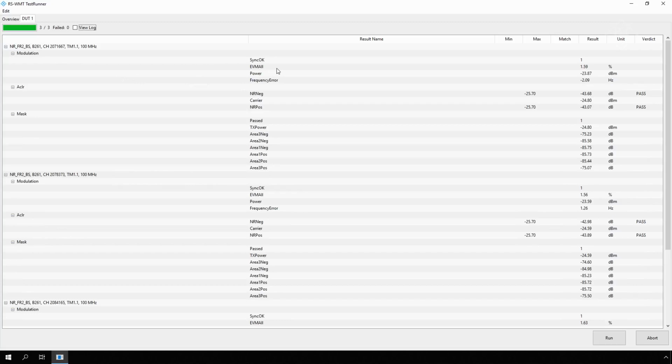We have an overall EVM of 1.59% and a frequency error of minus 2.09 Hz. We are also measuring for the spectrum, so we are performing an adjacent channel leakage power ratio, or short ACLR, and also an operating band unwanted emission. For the spectrum measurements, we are measuring in the negative and in the positive direction of the carrier, and we can also apply some verdicts which we passed.